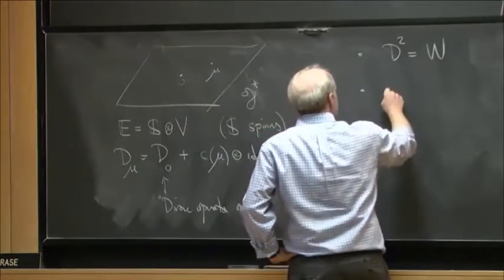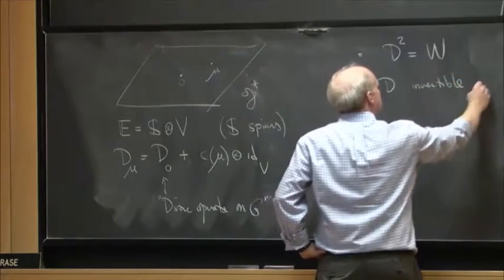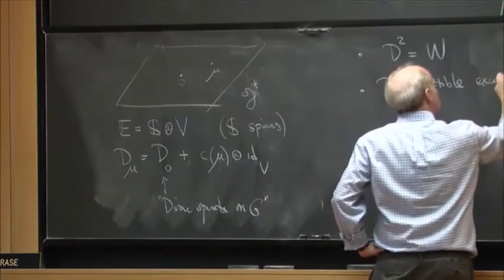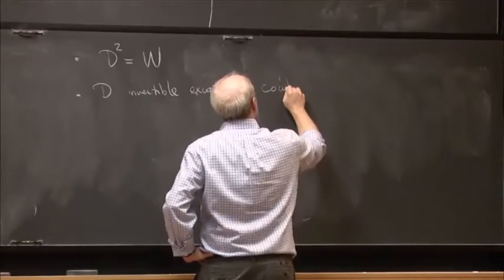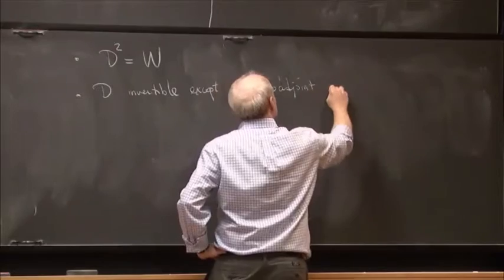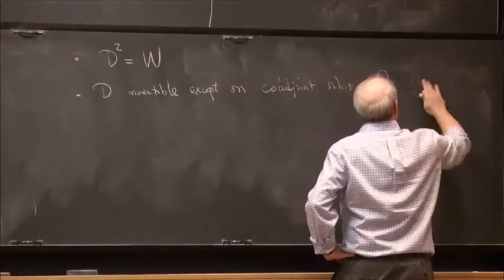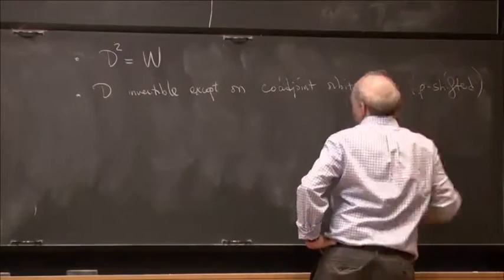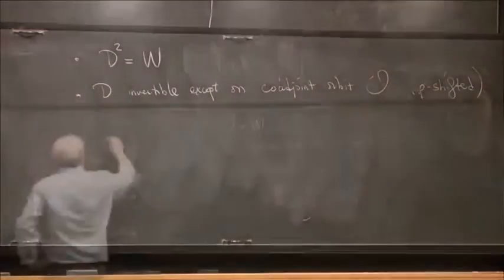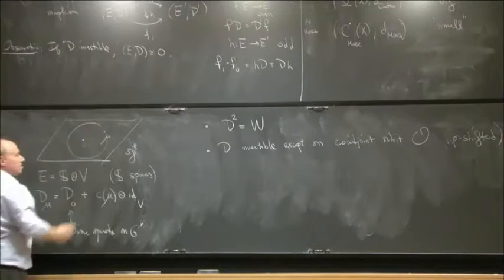And this D is invertible, except on some coadjoint orbit, O, which is exactly the kind of rho-shifted coadjoint orbit that's associated to this representation by, say, Kirillov's picture.